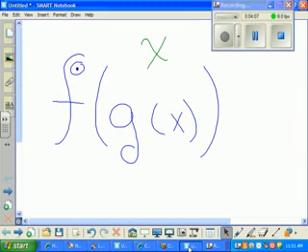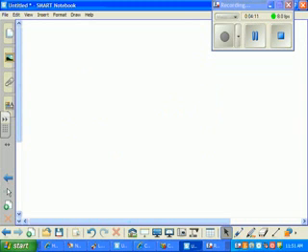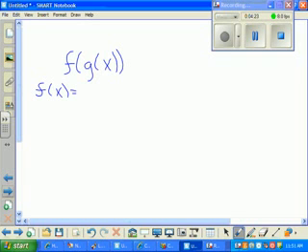We're combining two functions together. Are you ready? I know it's ridiculous, but it'll help, I promise. So we have f of g of x. What is eating what? F is eating g of x.